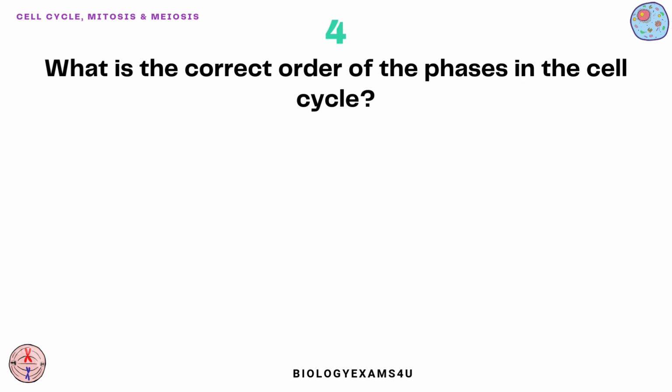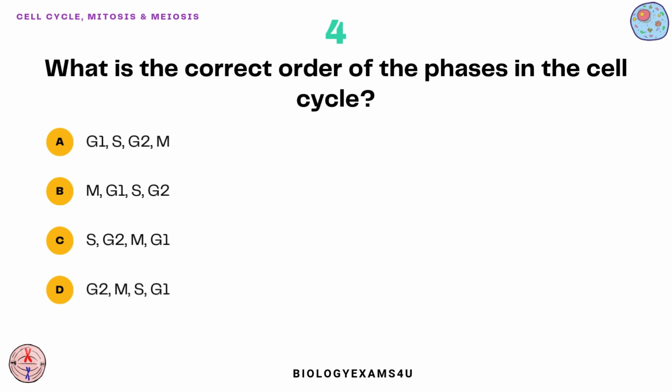Question number 4. What is the correct order of the phases in the cell cycle? Options are A. G1, S, G2, M, B. M, G1, S, G2, C. S, G2, M, G1, D. G2, M, S, G1.